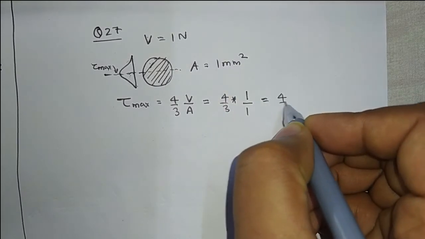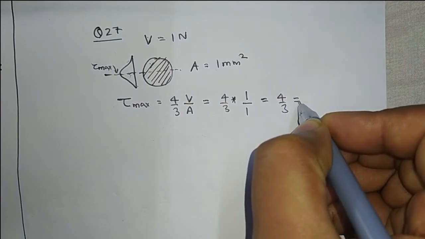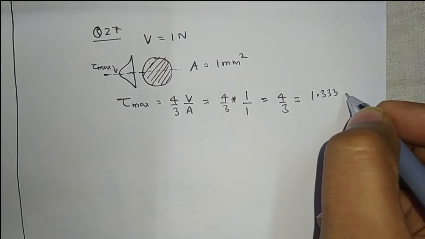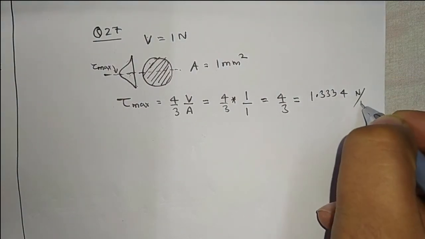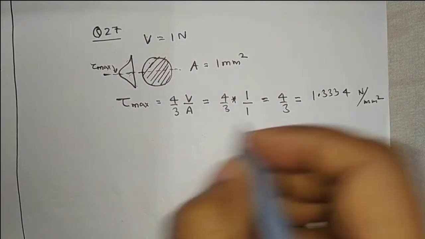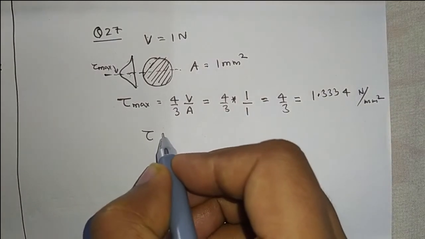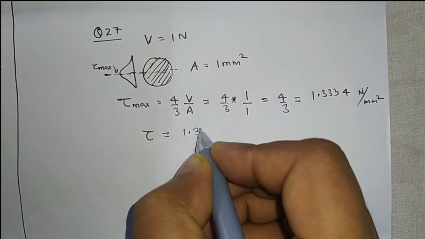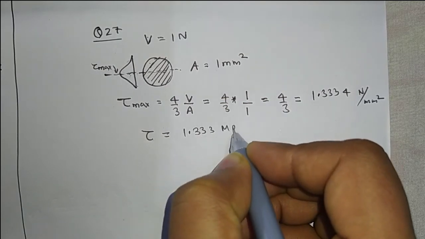So we will get the value of 4 by 3, which is equal to 1.3334 Newton per millimeter square. So the value of the shear stress at the center will be equal to 1.33 megapascal.